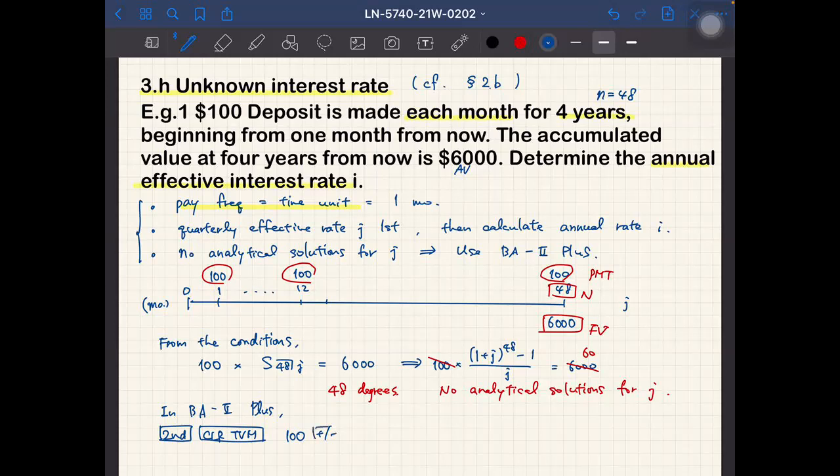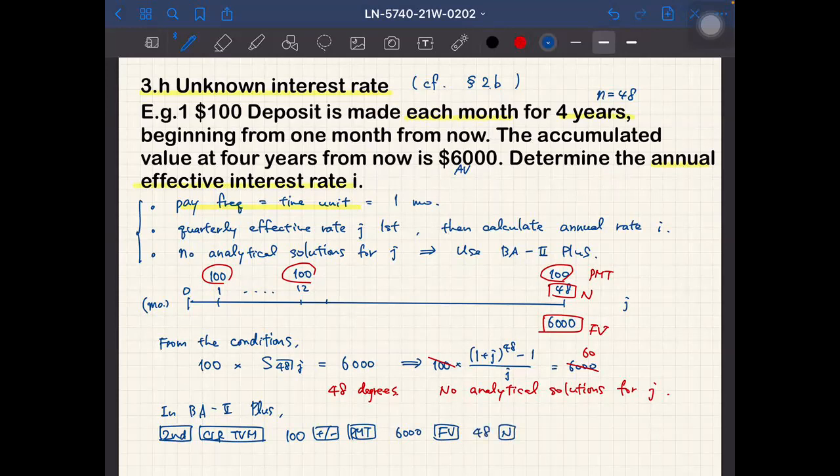So negative 100 payment. Then 6,000 is the future value. Then 48 is the number of payments, so 48 N.